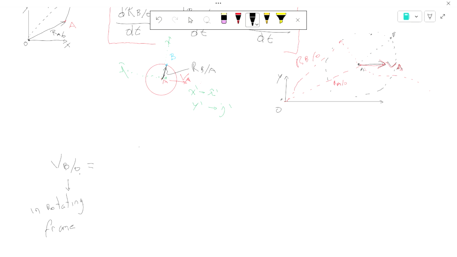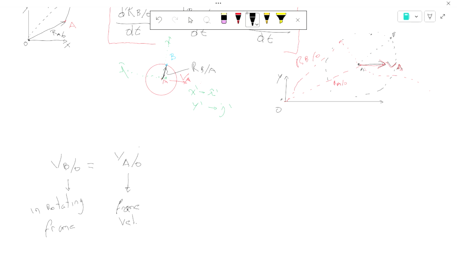All right. Now, the velocity of A with respect to O, this is the frame velocity, right?